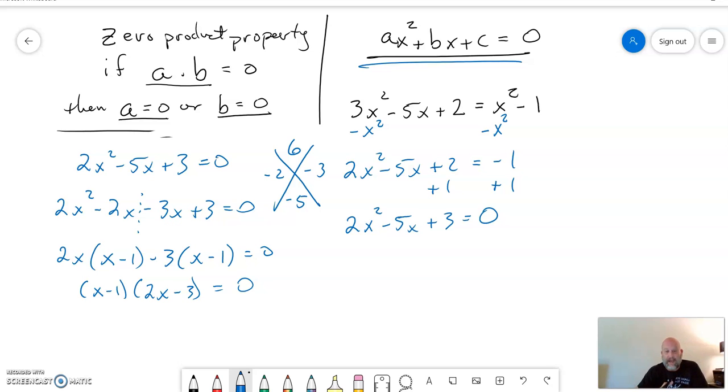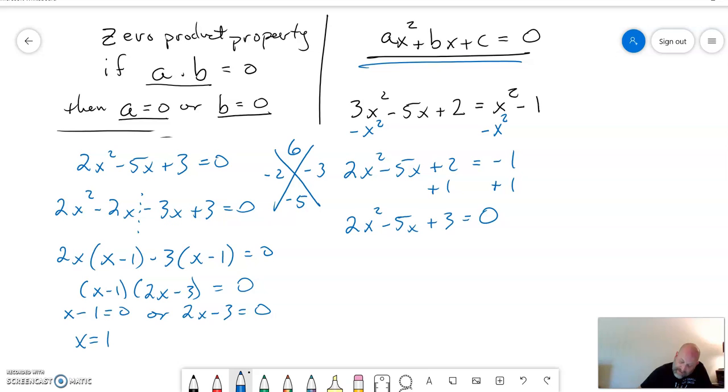Notice now we have two things multiplied to give us 0, which means that either x minus 1 equals 0 or 2x minus 3 equals 0. With x minus 1, if I just add 1 over, I get x is equal to 1.